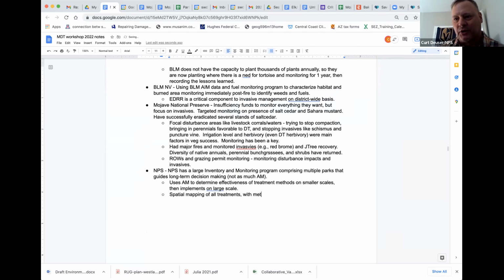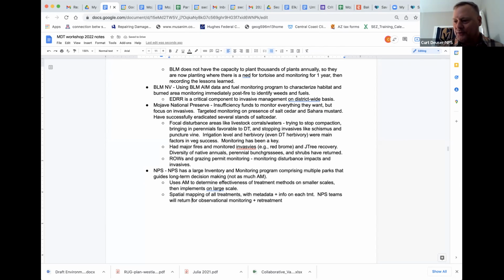And many times we have long-term partnerships or projects where our actual team members will go back the next year in the same area and do observational monitoring and retreatment as needed. But again, we share the data for partners to do that as well internally within their staff, and they can determine whether we've met the objectives.